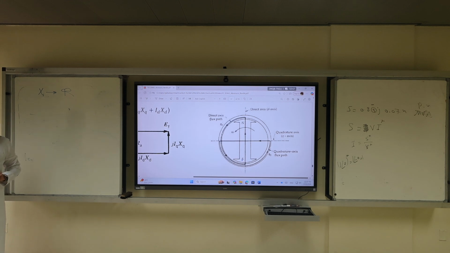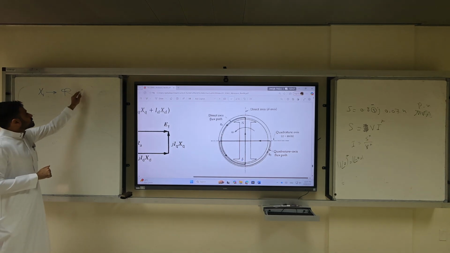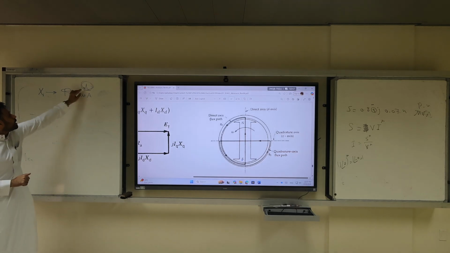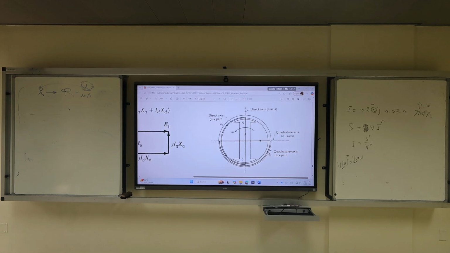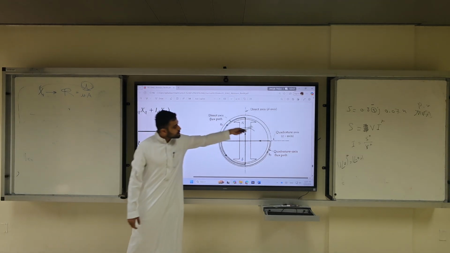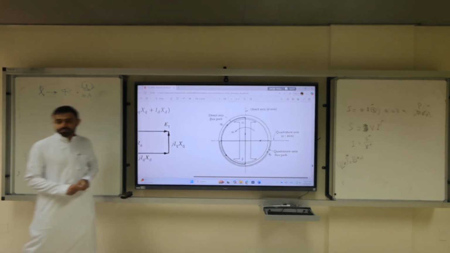You remember E360? The reluctance is L over mu A. So if L changes, X should change. Would L include the air gap? Yes, because L would include the length of the core plus the gap. So the reluctance changes because the air gap, the parameter G, changes in the salient pole machine.